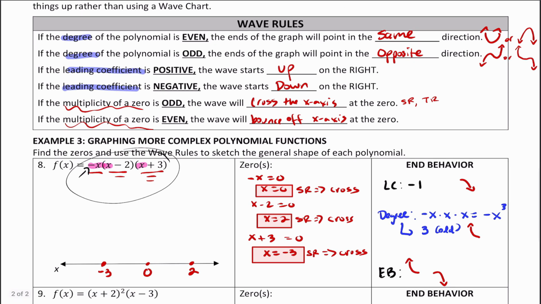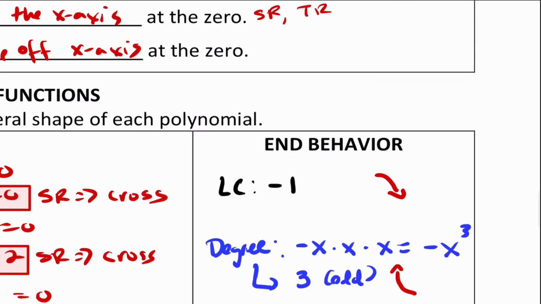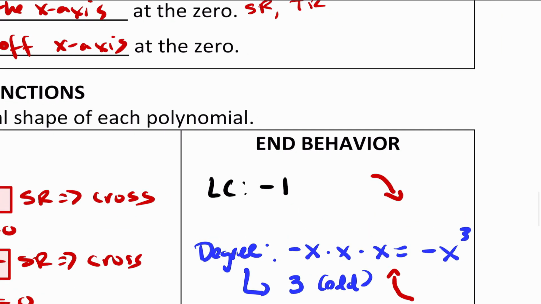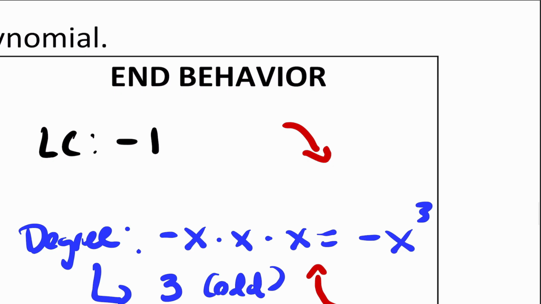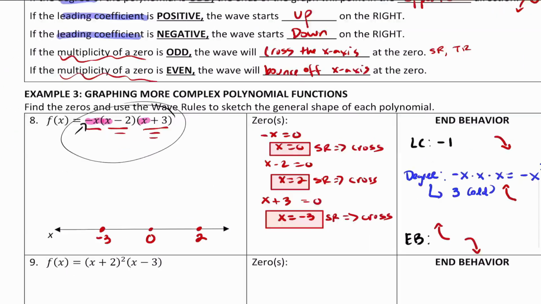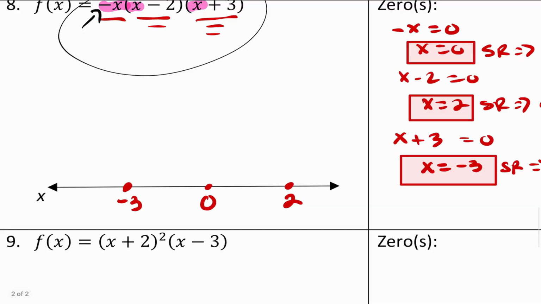The question is, where on the right? Do you go above the x-axis or below? Since the leading coefficient is -1, we need to start on the right, below the x-axis, and then begin doing the wave.